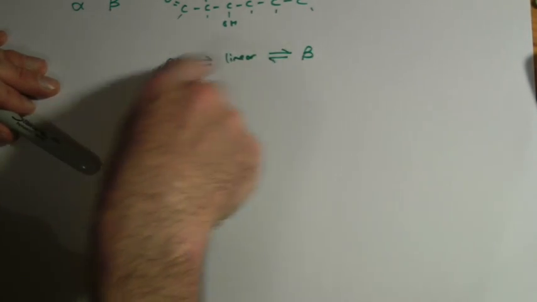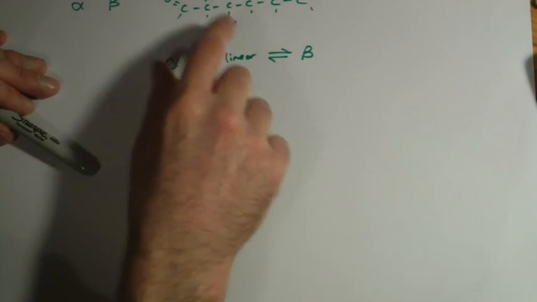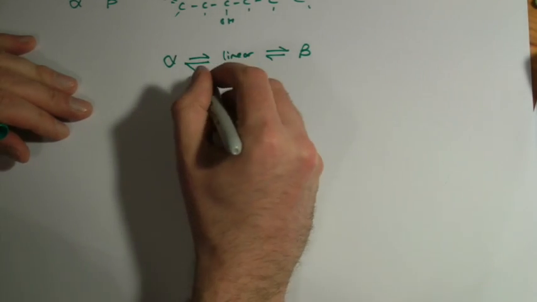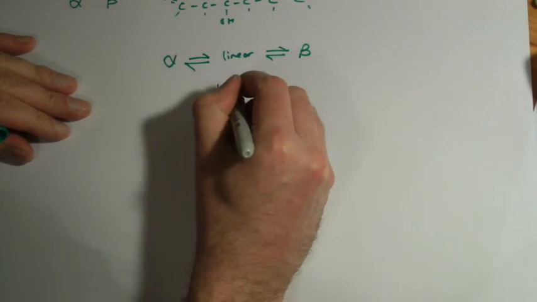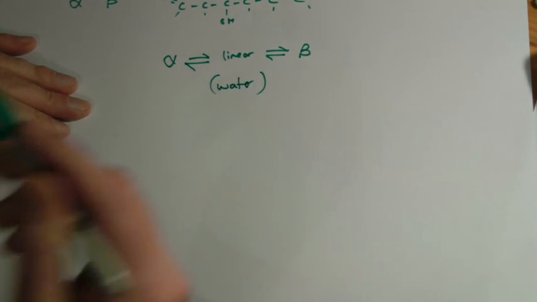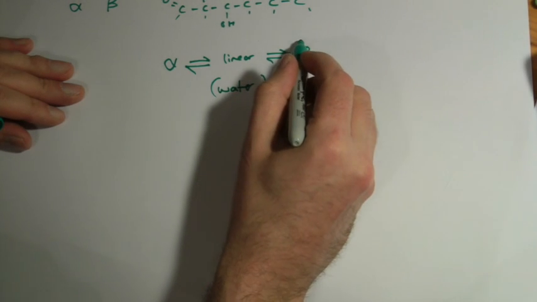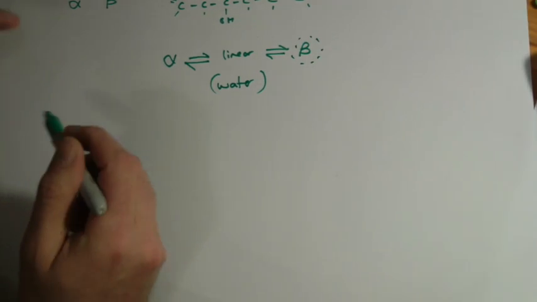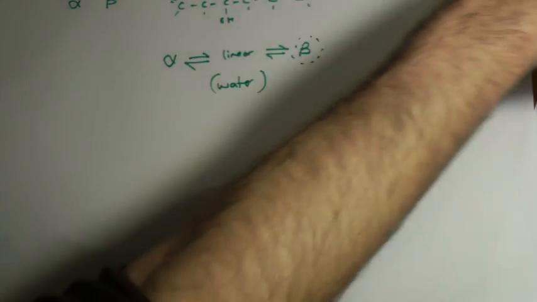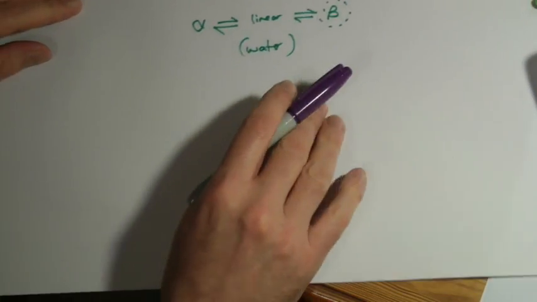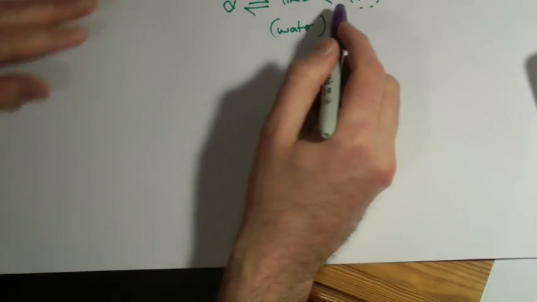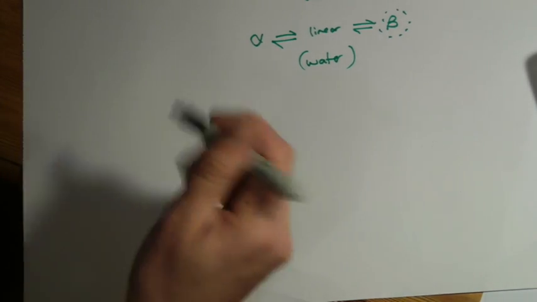The alpha and beta form really are present when you dissolve it in something. So when it's in a solvent, which is usually going to mean water, then that's when we start to think of the alpha and beta forms. Now actually the beta form is the most stable. So we'll look at that in a second and see maybe why. But I'm going to jump back to the alpha form first of all.